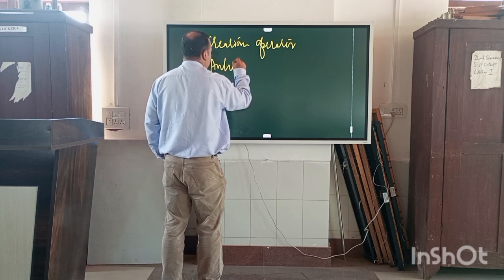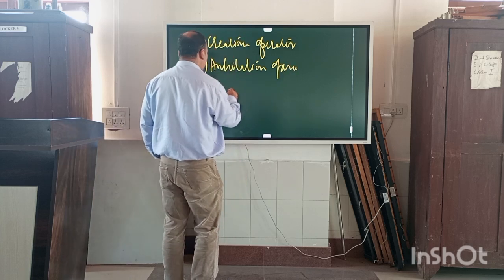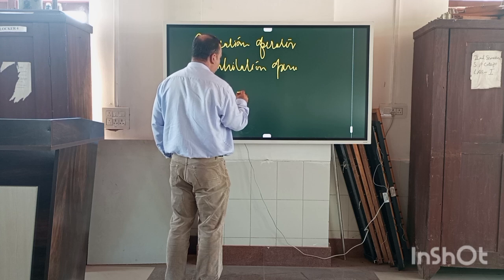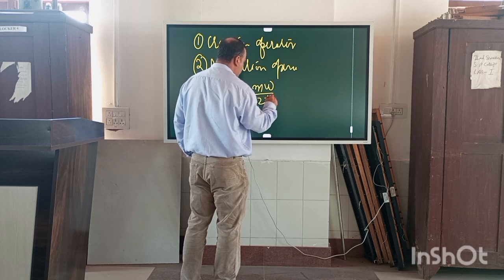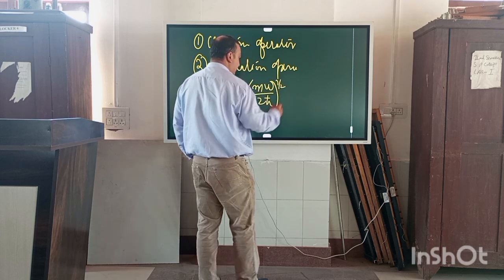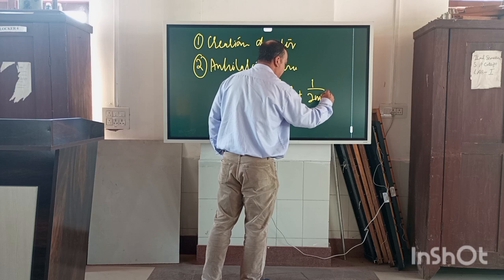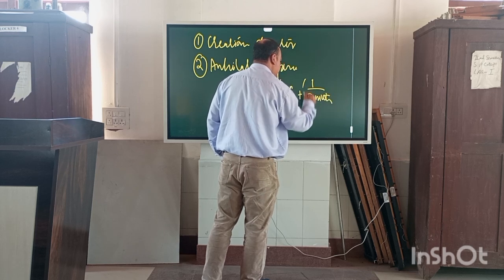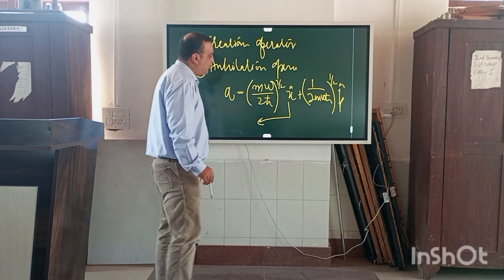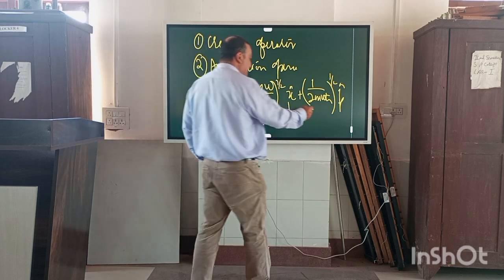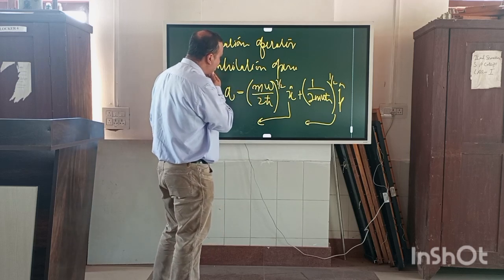For the annihilation operator, we have A as an annihilation operator, and this is equal to (m omega by 2 h bar) raised to power 1 by 2 x cap plus (1 by 2 m omega h bar) raised to power 1 by 2 i p, where this x is the position operator, and p is the momentum operator, m is the mass of the oscillator, omega is the angular frequency of the oscillator.